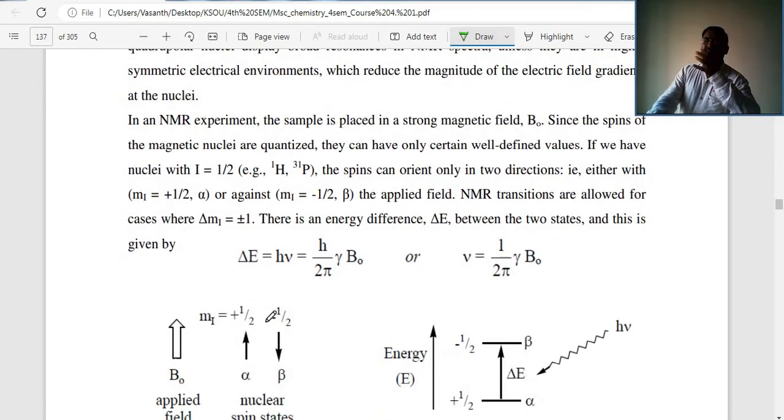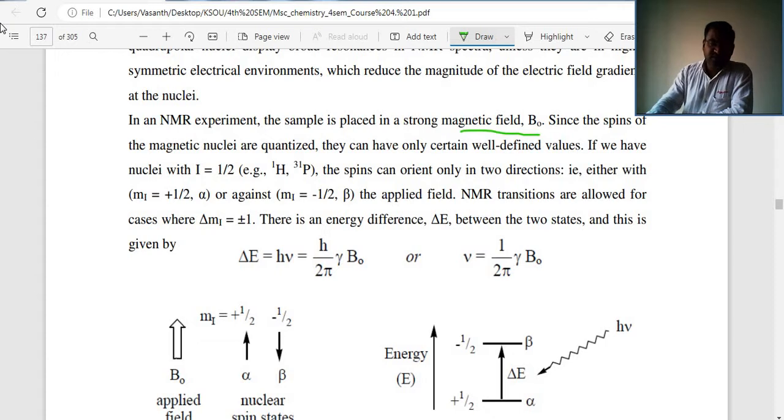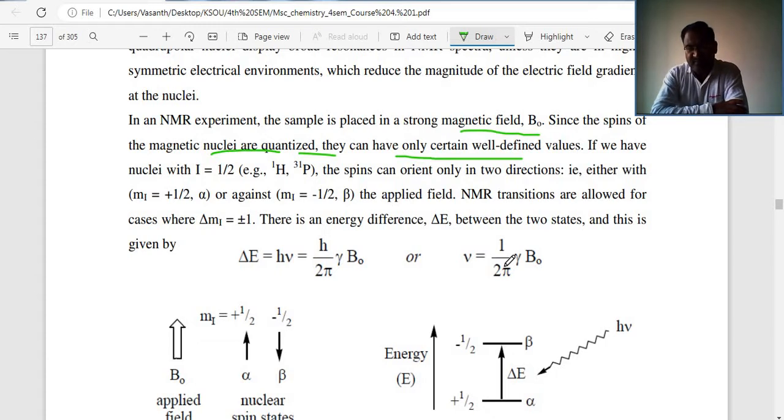This is the NMR experiment. A sample is placed in a strong magnetic field B0. Since the spins of the magnetic nuclei are quantized, they can have only certain well-defined values.